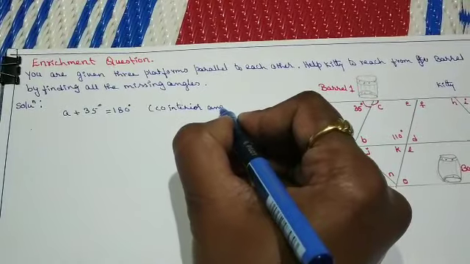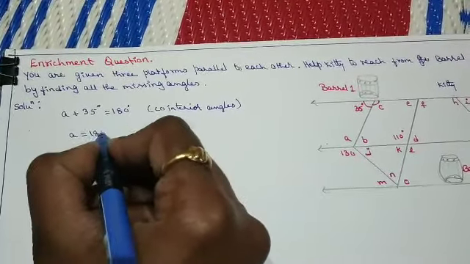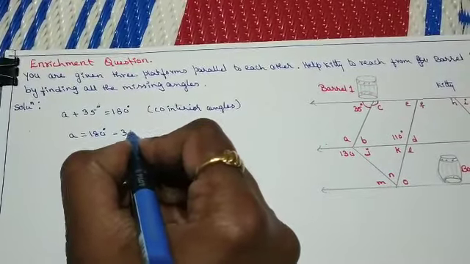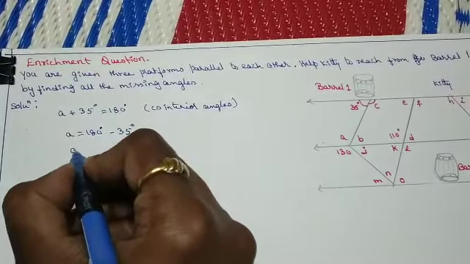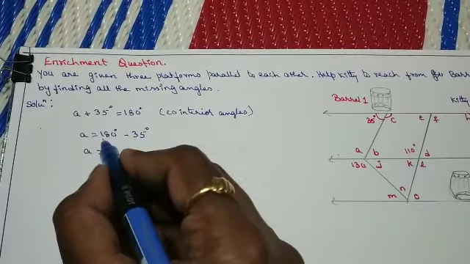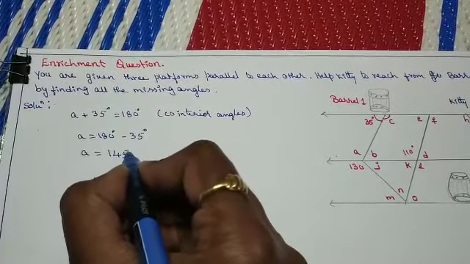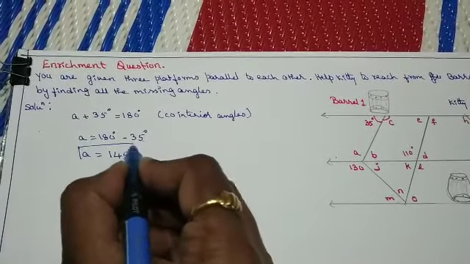Then A equal to 180 minus 35. Then the value of A equal to, 180 minus 30 is 150, 150 minus 5 is 145. So we got the A value.